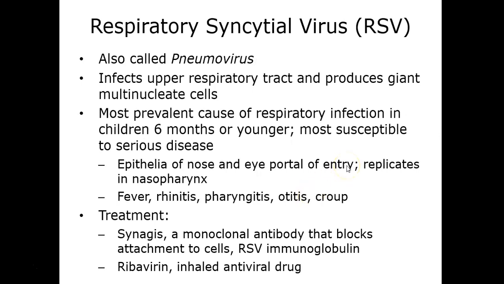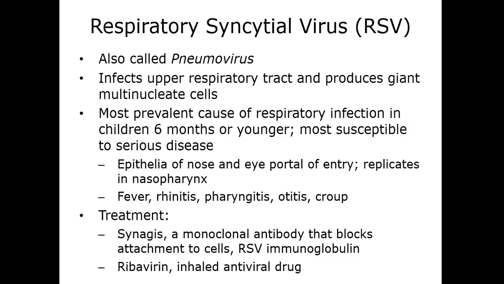RSV, or respiratory syncytial virus, is also sometimes called pneumovirus. It infects the upper respiratory tract and produces those giant multinucleated cells that we saw earlier. Prevalent cause of respiratory conditions in very young children, 6 months or younger.